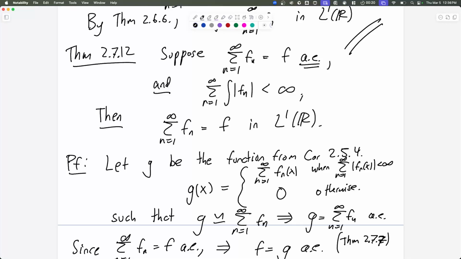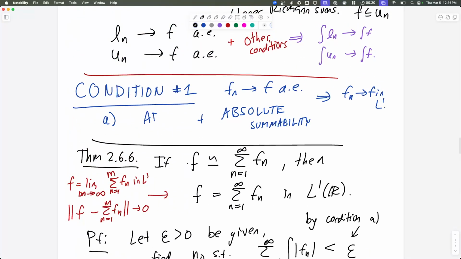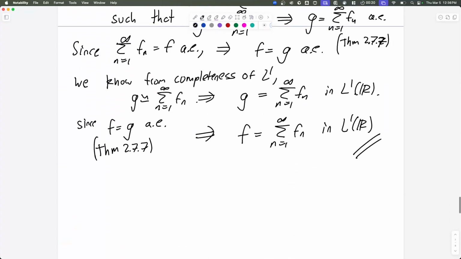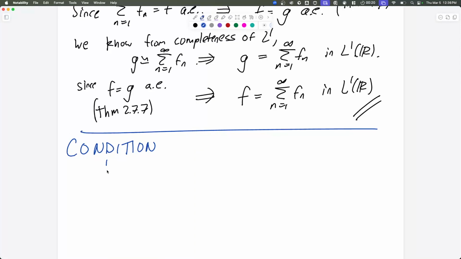All right. That is it for condition 1. So remember, condition 1 is saying, what do you need to add on to almost everywhere convergence to improve it to L1 convergence? And there's another type of condition. Condition 2: Fn goes to F almost everywhere, and plus something is going to mean Fn goes to F in L1.